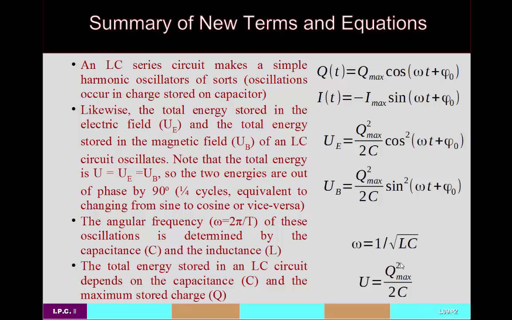Both the electric and magnetic fields will have energies that go like the cosine or sine squared of the frequency at which this oscillation is occurring. And that frequency is 1 divided by the square root of the inductance times the capacitance. So that's the resonance frequency for this circuit.